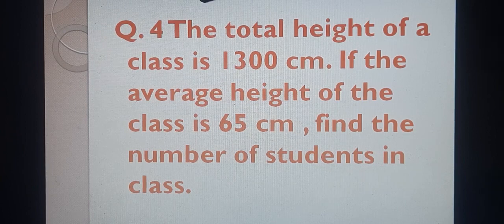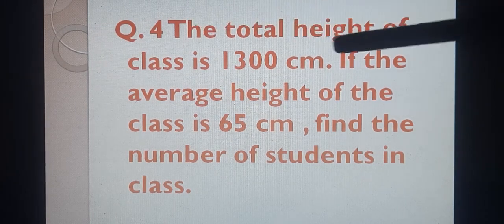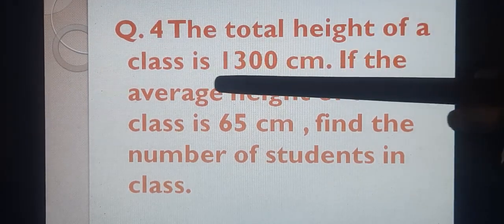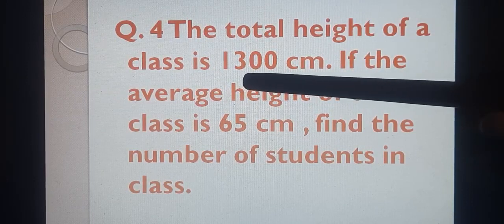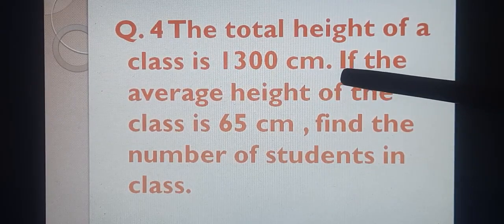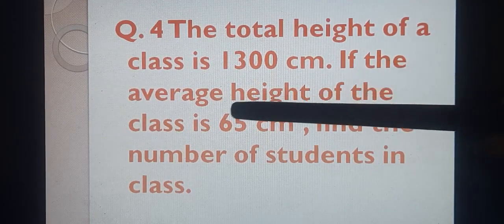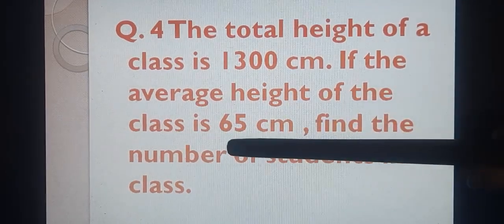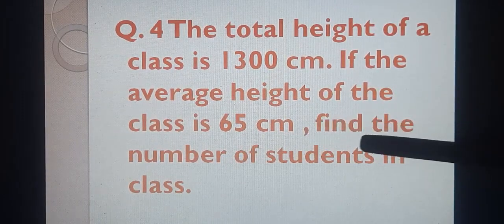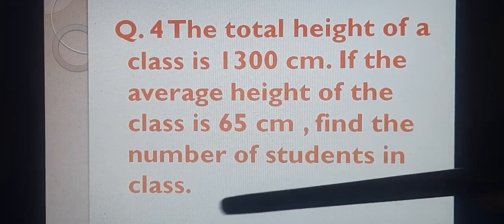नाउ क्वेश्चन नंबर 4. द टोटल हाइट ऑफ ए क्लास इज 1300 centimeter. If the average height of the class is 65 centimeter, find the number of students in the class.